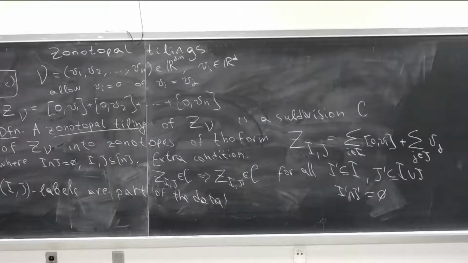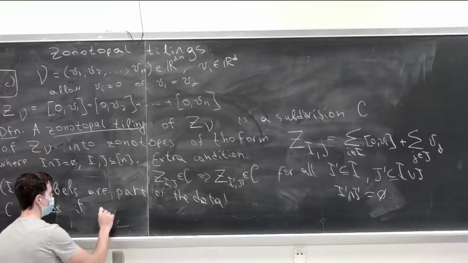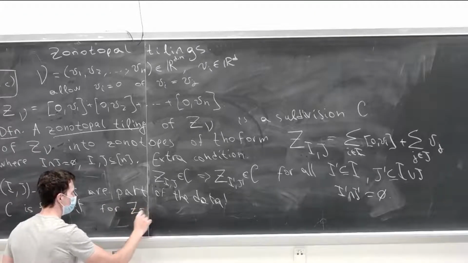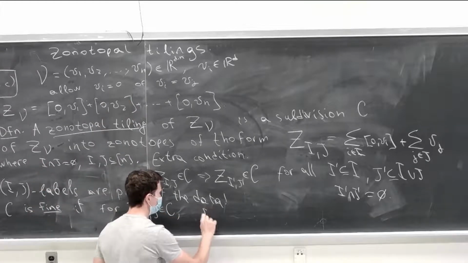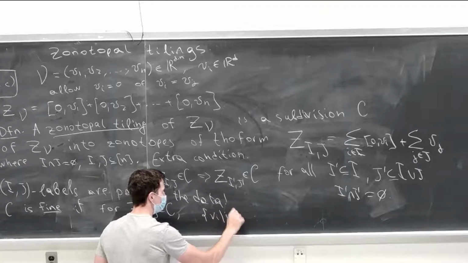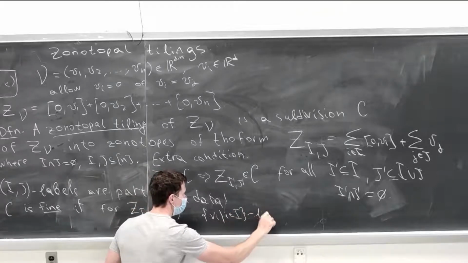And finally, let me say that the zonotopal tiling C is called a fine zonotopal tiling if basically all your zonotopes are as small as possible. What I mean by as small as possible is that for each Z_{I,J} in my zonotopal tiling, the vectors v_i, i in I, are linearly independent.